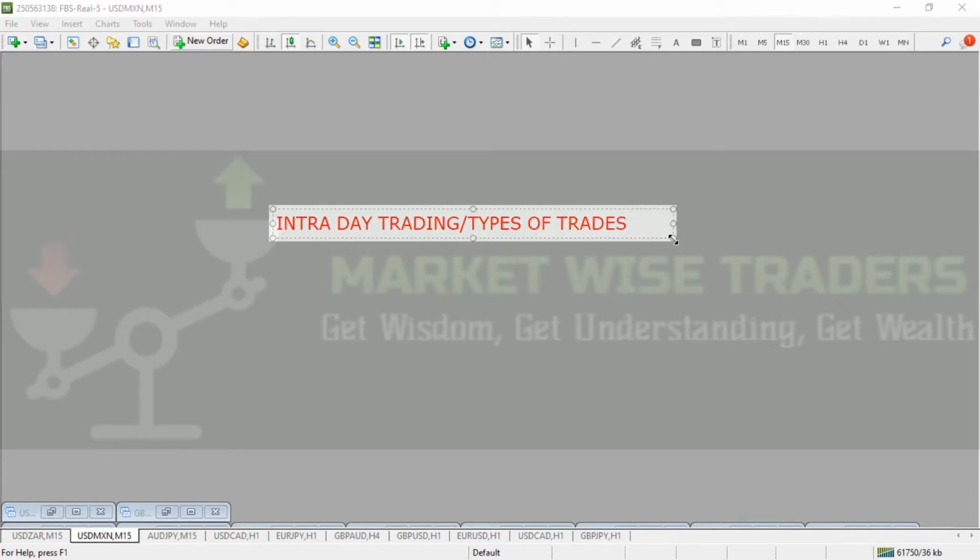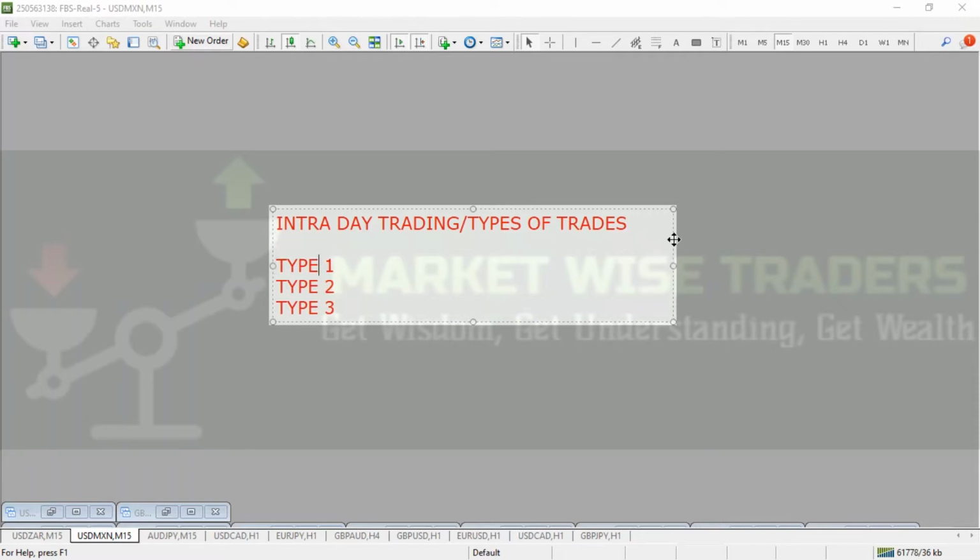So we have three types: type 1, type 2, type 3. All of these are based on what happens after the Asian session.